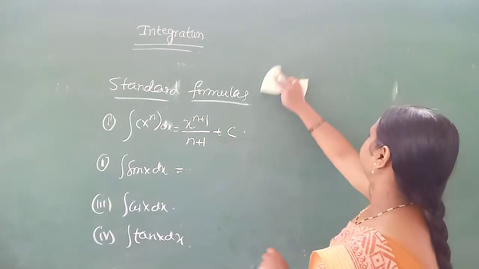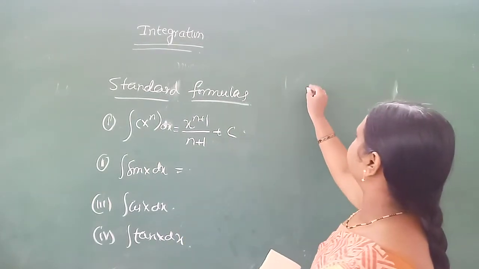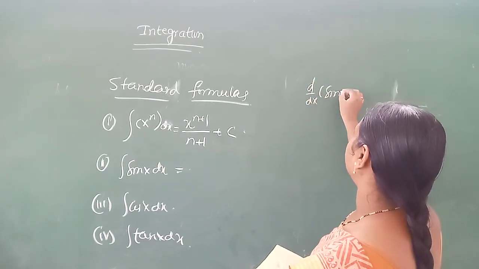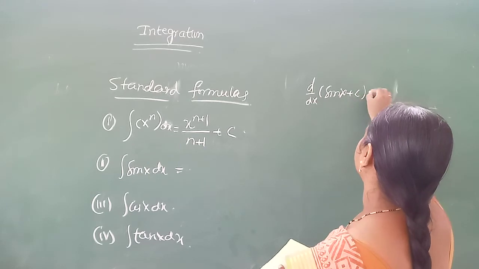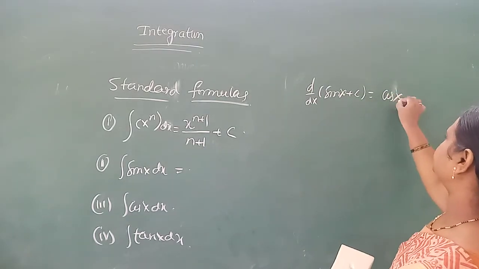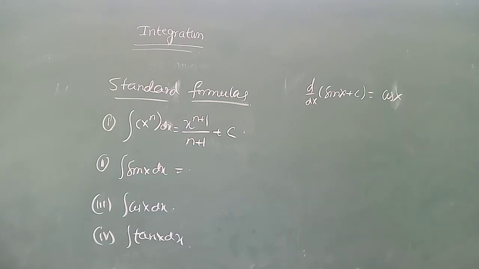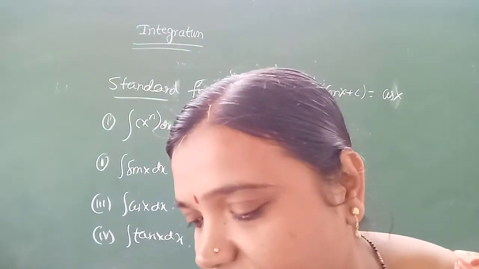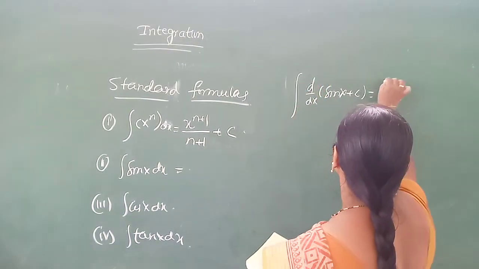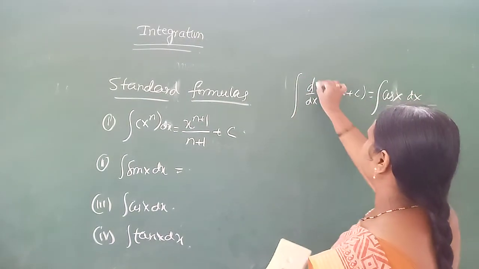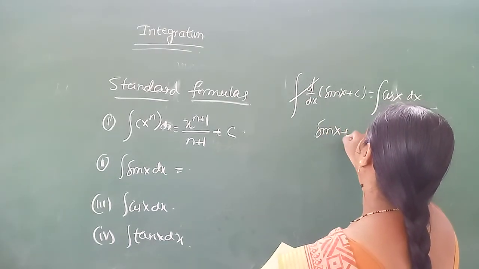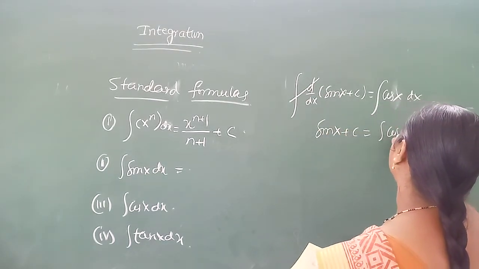This is the formula. Taking d by dx of sin of x plus c, differentiation of sin x is cos x, and applying integration on both sides with respect to x, integration and differentiation get cancelled. We get sin of x plus c is integration of cos x.